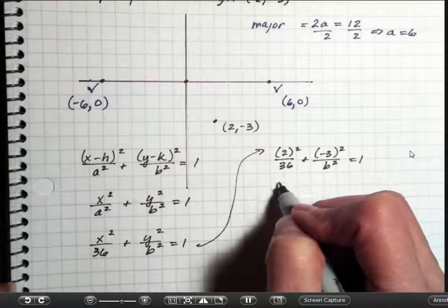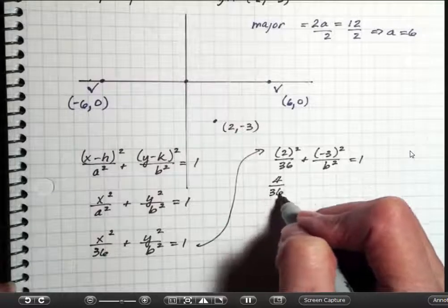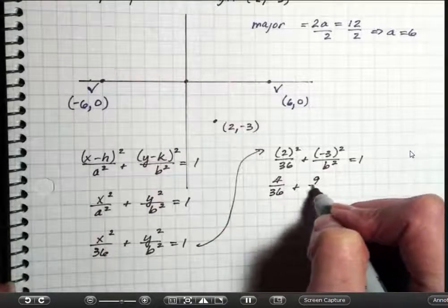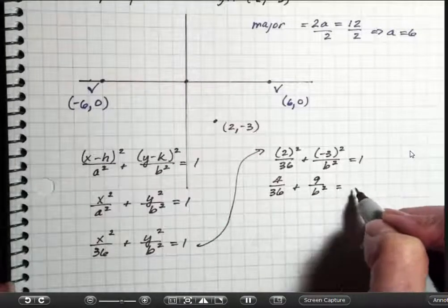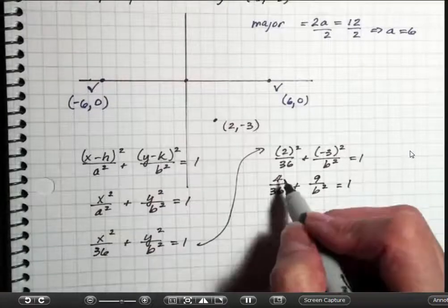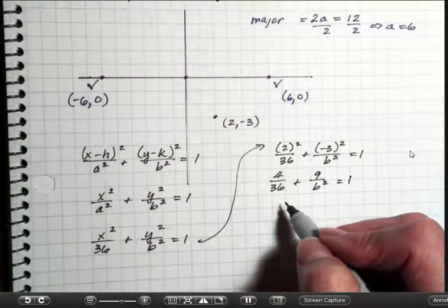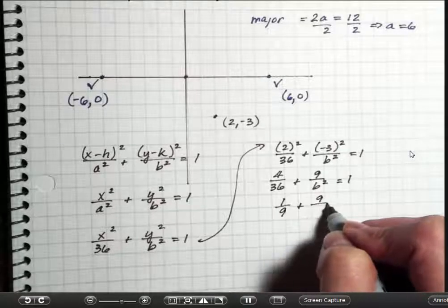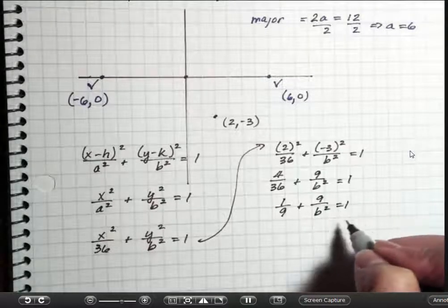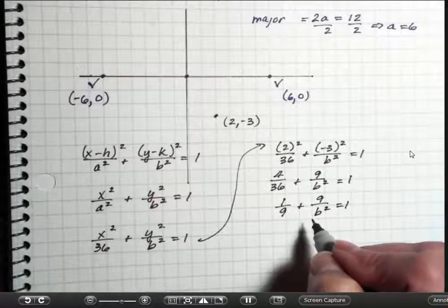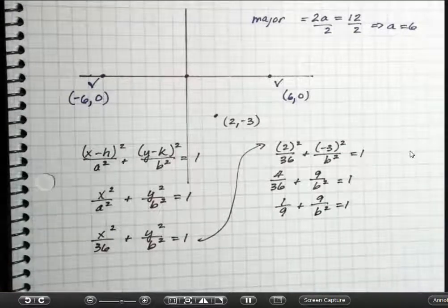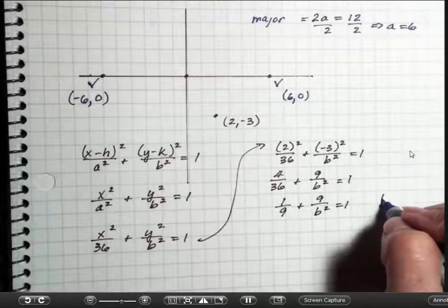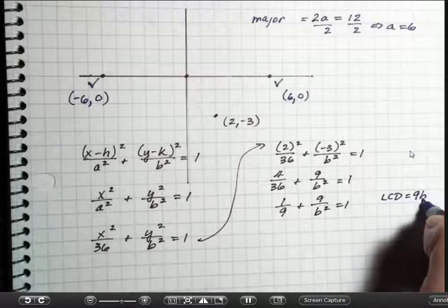I end up with 4 over 36 plus 9 over b squared equals 1. I'm going to reduce this fraction just to make it a little bit easier on myself. So 1/9 plus 9 over b squared equals 1. Now to solve for b squared, I'm going to multiply both sides of the equation by my LCD, and my LCD happens to be 9b squared.